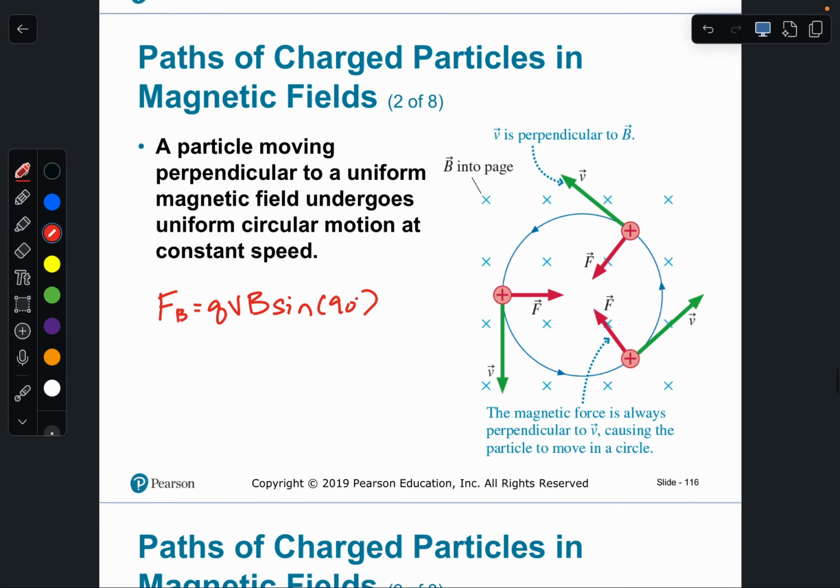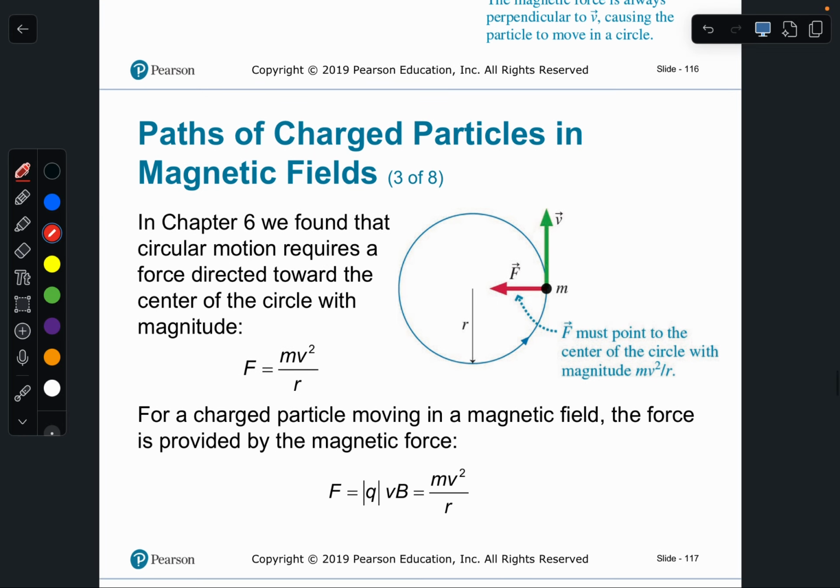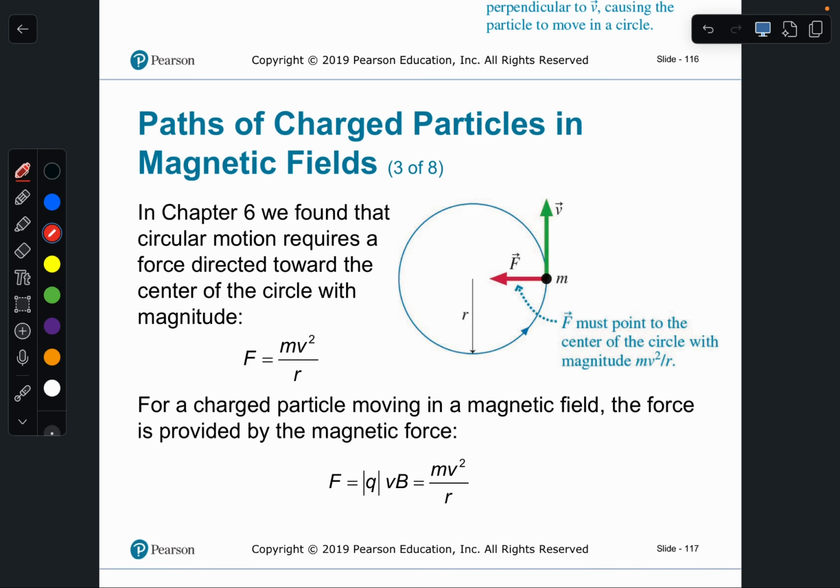So how does it move in constant speed? Well, here's where it comes in. An object moving in constant speed in a circle is called uniform circular motion, and we're going to pull back something from physics 1. I'm going to explain it to you now, so it's not like, oh, was I supposed to remember that?